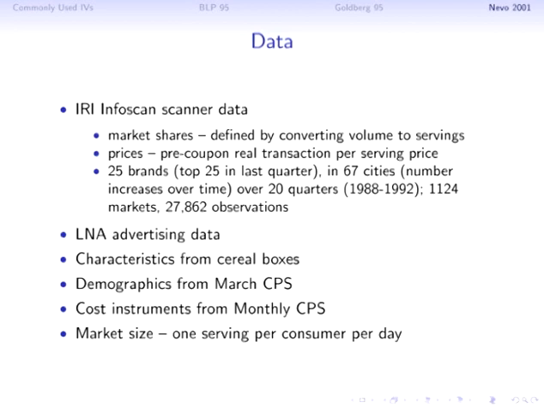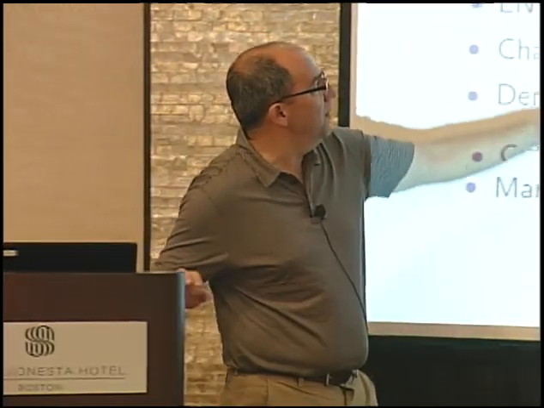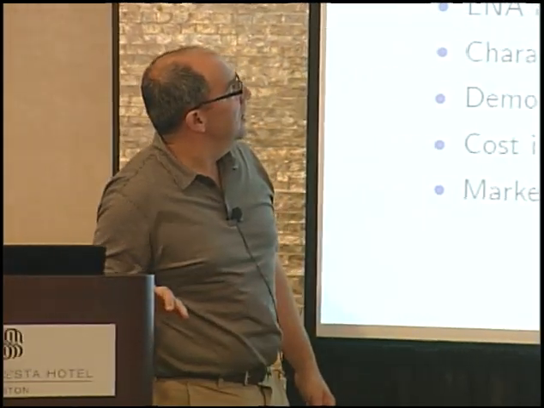Here, what I had was at the brand level, so it was Cheerios, all the different barcodes of Cheerios aggregated together, at the level of MSA, so aggregated quite a few stores, and aggregated to a quarter, so over 13 weeks. So what I had here was basically the top 25 brands in 67 cities, where the exact number of cities varied over time, over 20 quarters, and got about 28,000 observations.